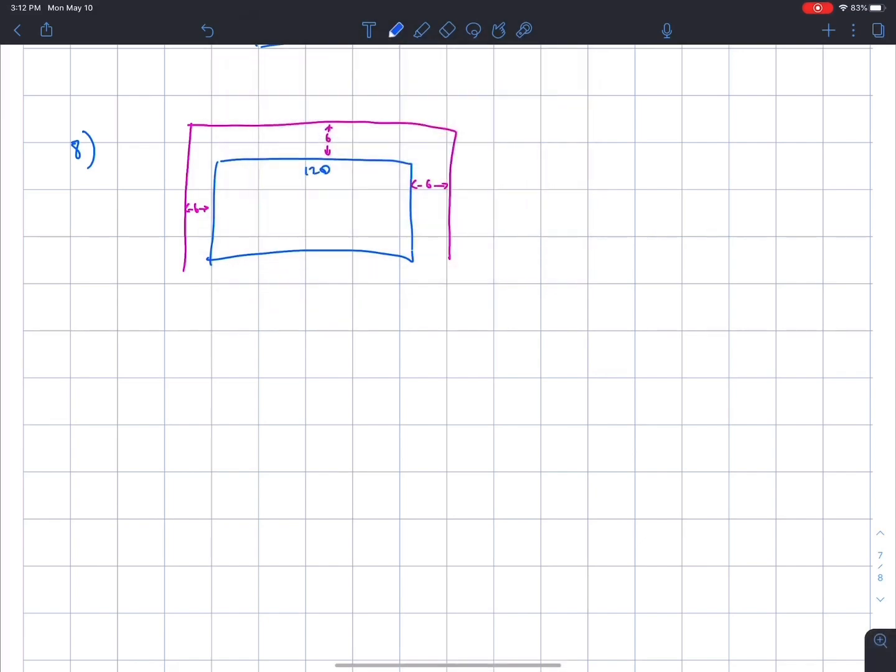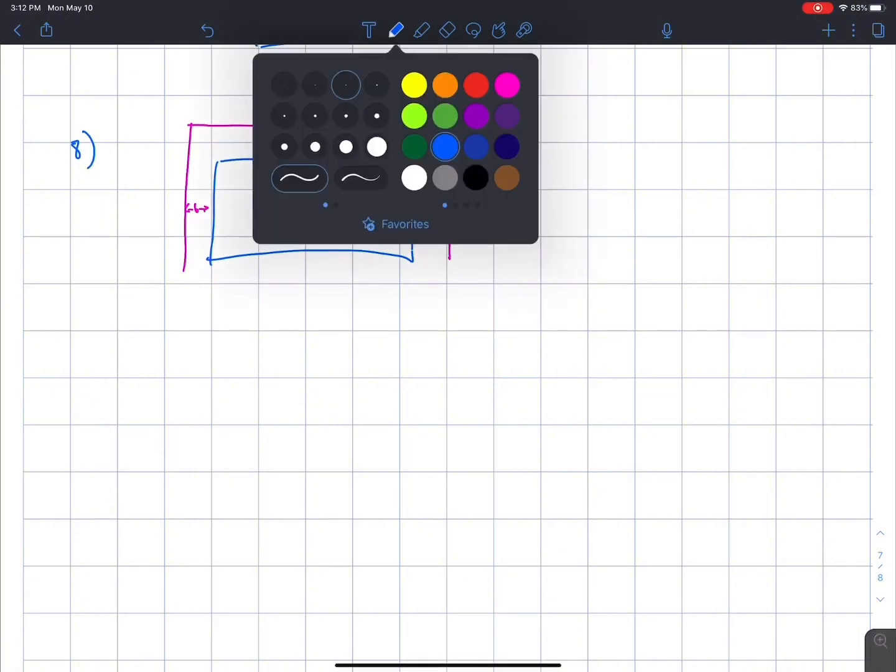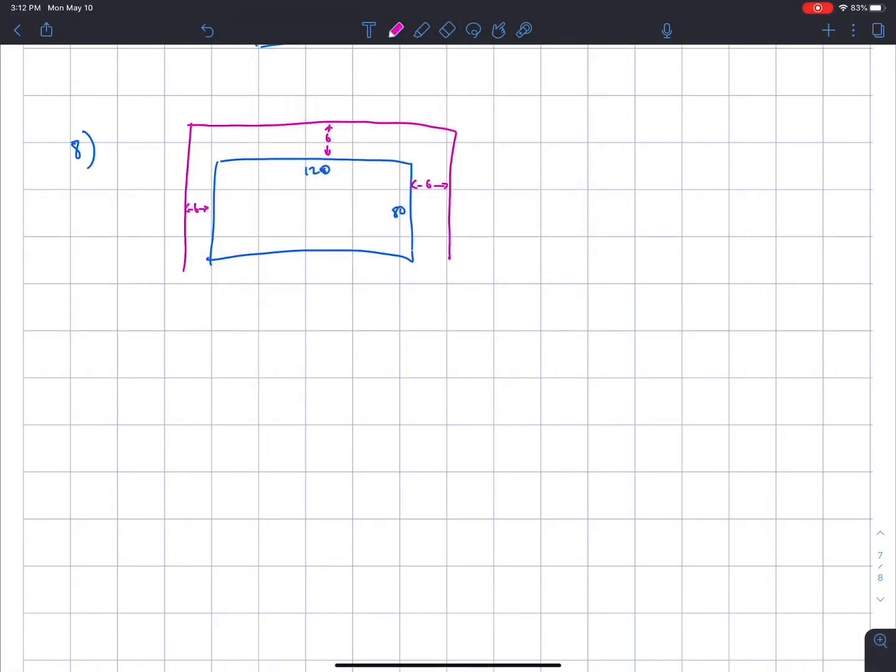At the bottom of the painting, that's the one we don't know. Well, that's 120 plus 6 plus 6, so that is 132. This is 80 plus 6 plus x, so that's x plus 86.